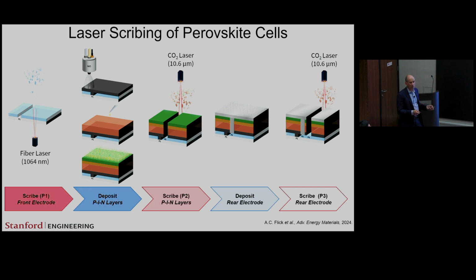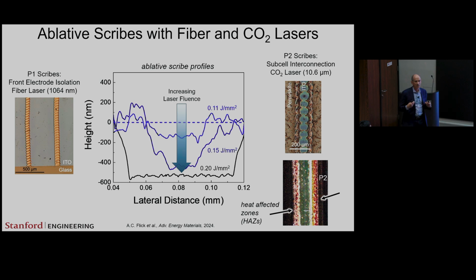Now, the normal way to do this kind of scribing is with several different lasers in which you produce the P1, then the P2, then the P3 laser scribing from different directions. So what we've done here is to develop, this is again me saying we, it's really not me, it's my students, but particularly Austin Flick, is to produce a single back laser scribe.